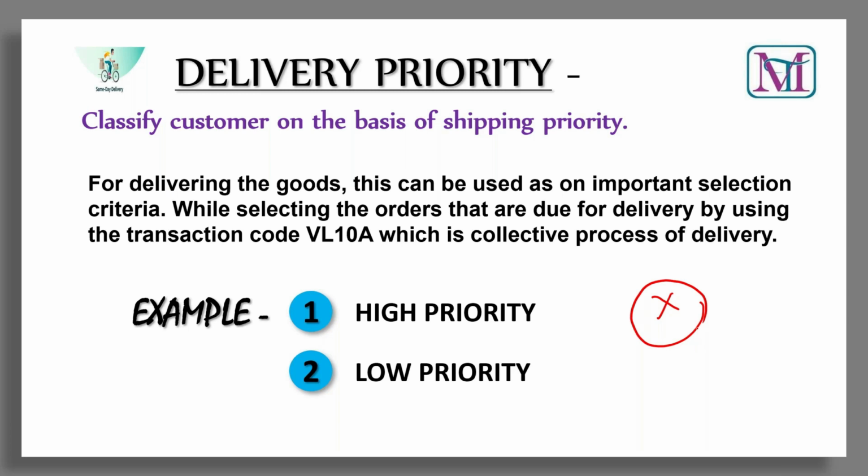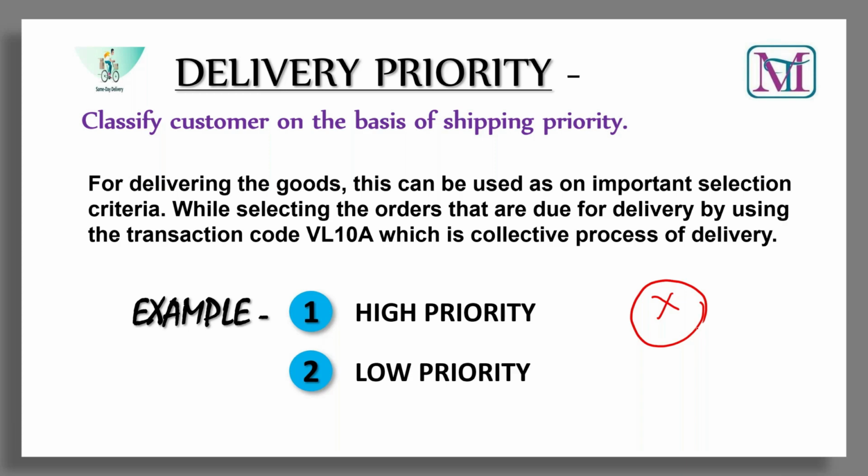So the system should first distribute the X material to high priority customers only. Thereafter, if any stock is left over, we'll deliver the goods to low priority customers. So the matter here is priority.